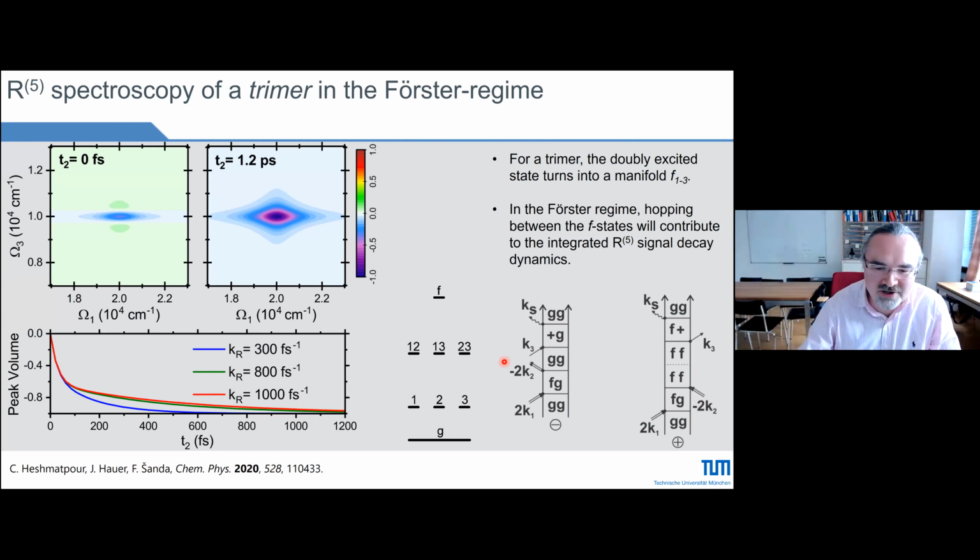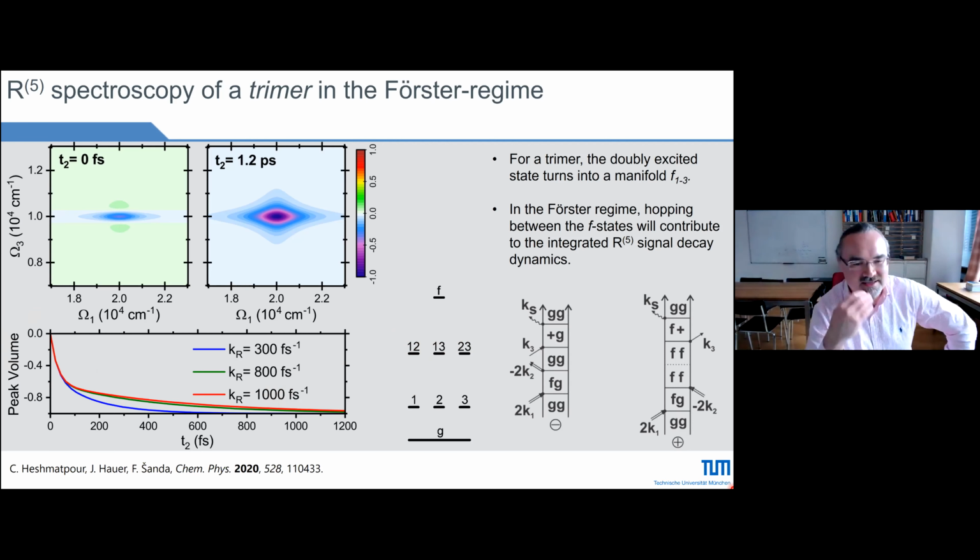However, what's going on here is that when we put population in this doubly excited state here, the coupling is very weak, right? So it still has the chance to hop between these sites, no? And this hopping constant is what also contributes here. So the F state does not only decay with the annihilation rate, but it has the chance to still stay in this doubly excited manifold and jump around between these other realizations of a doubly excited manifold.